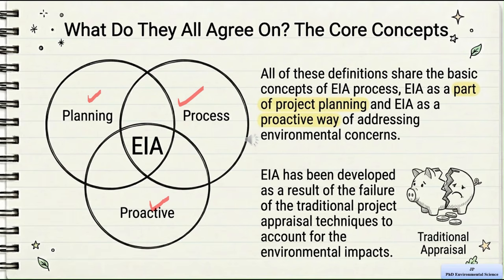So EIA tries to prevent environmental damage, reduce impacts early. Instead of fixing problems later, we avoid them from the beginning. Now the diagram shows three circles, planning, process, proactive, and EIA is in the center.